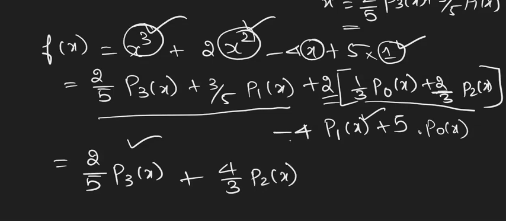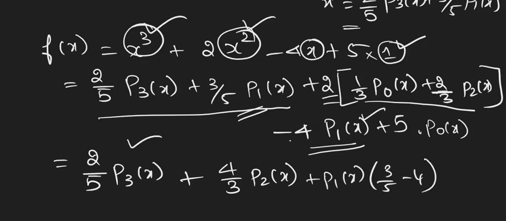Then P1 of x term, you have to combine it. That is 3 by 5 P1 of x. And then here minus 4 into P1 of x. So plus P1 of x into 3 by 5 minus 4. If you take LCM, 5 4s are 20, 3 minus 20, minus 17 by 5 will come.